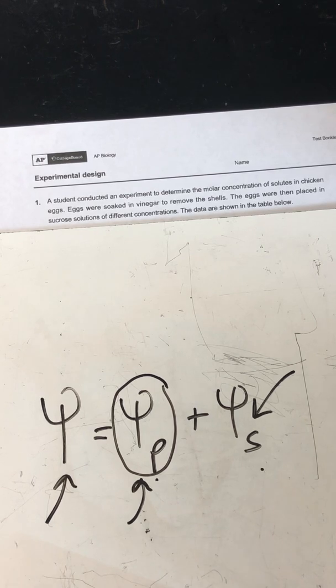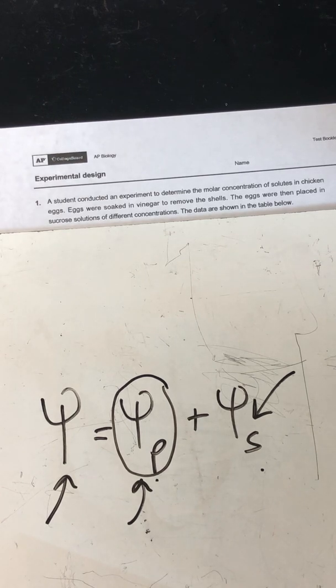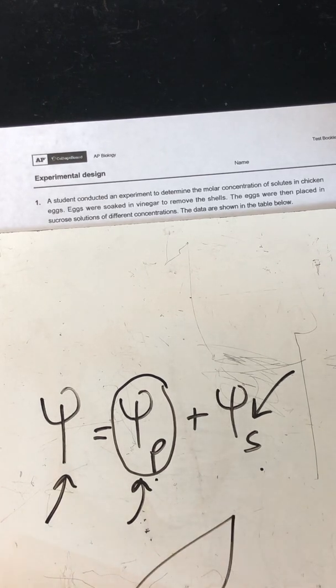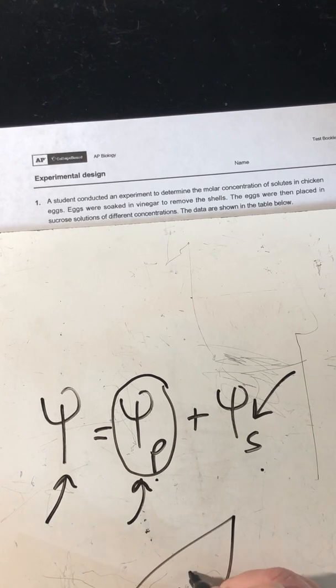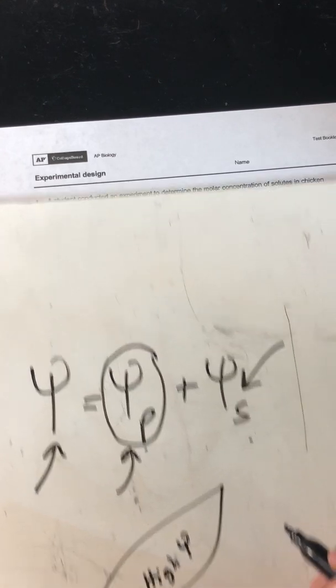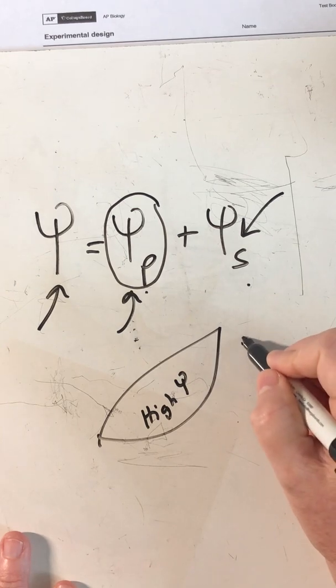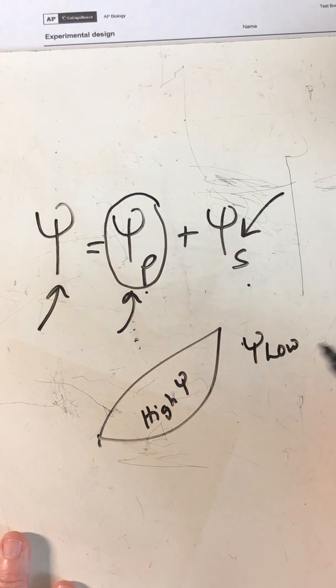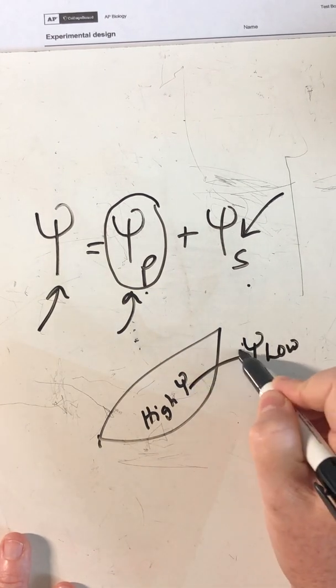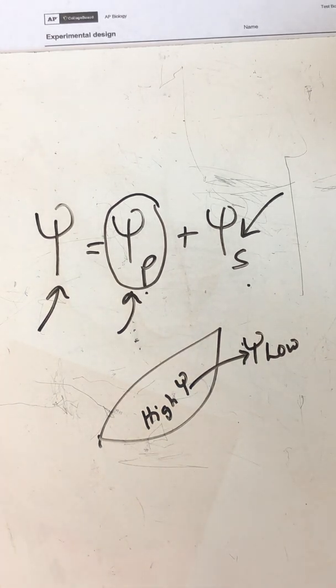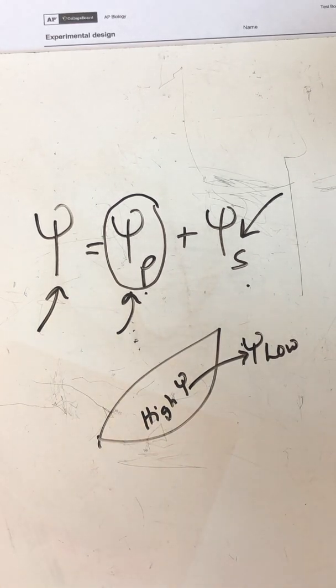Loss of water from a plant you could have put is because of transpiration, and it's because inside the plant is high water potential, but then outside in the air is low water potential, and so that water is always going to move from high to low, and that'll be transpiration.